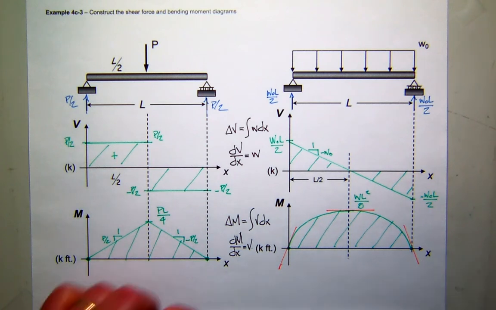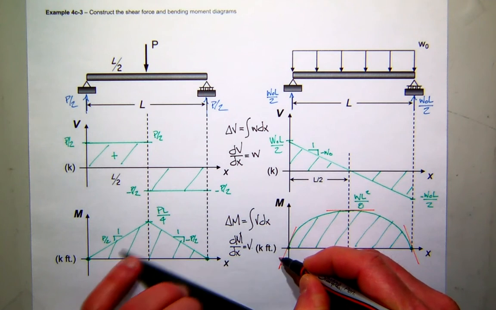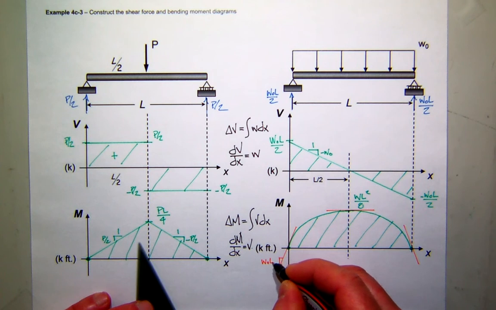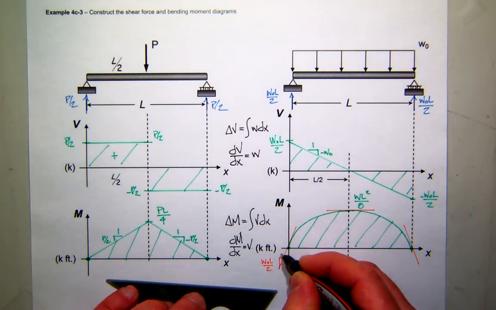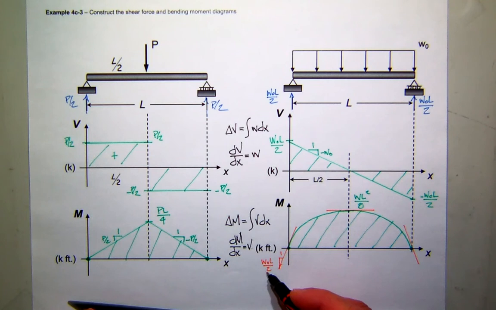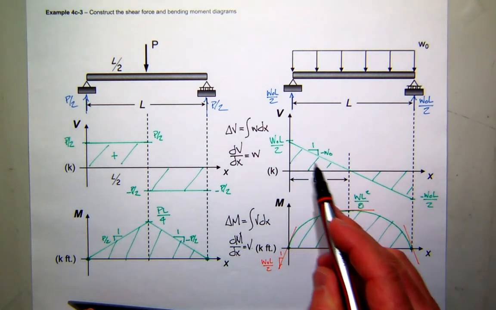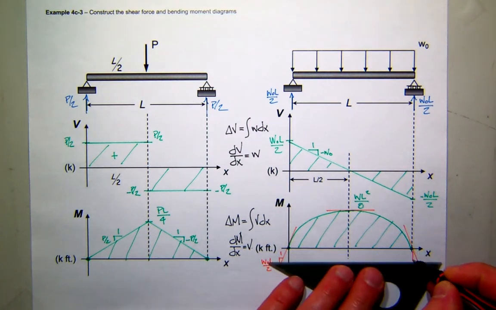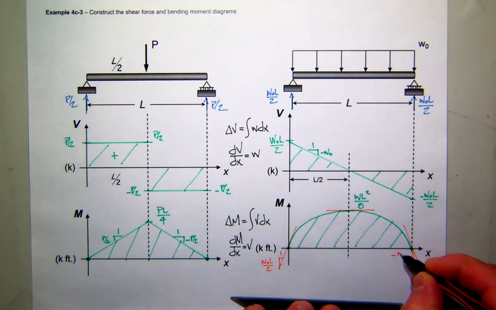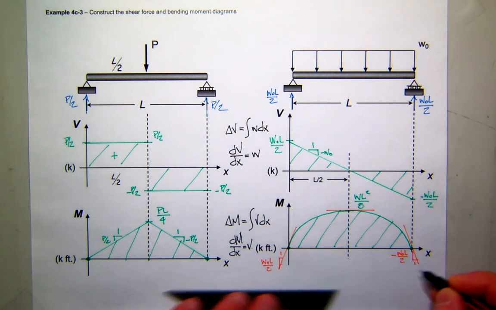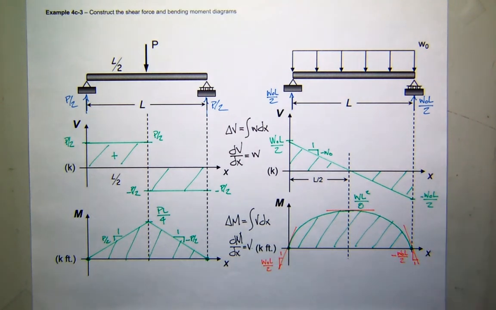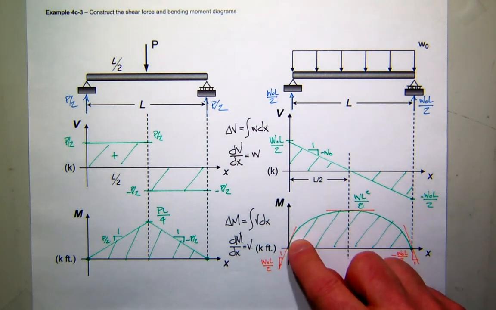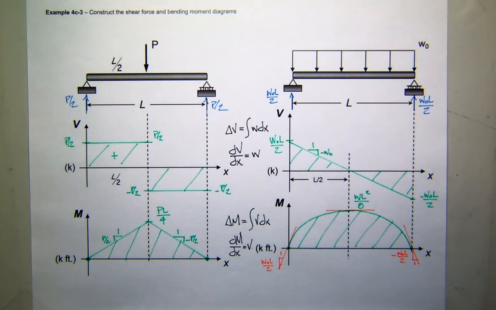If I actually want to do this to scale, then I know that the slope of this diagram would be W naught L over 2. But it would immediately decrease to some smaller number. And over on this side, my slope would be minus W naught L over 2, given by the shear there. But we know it's a parabola, so if I know a rough idea of the slope at the beginning and the end of the segment, that's good enough.